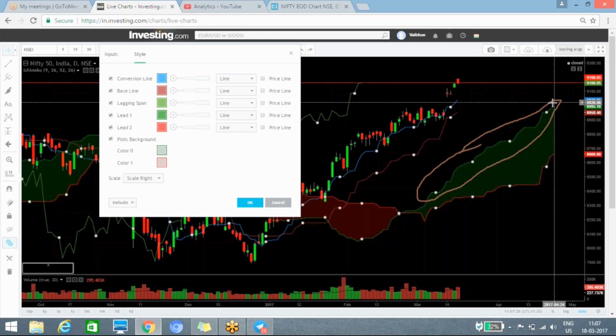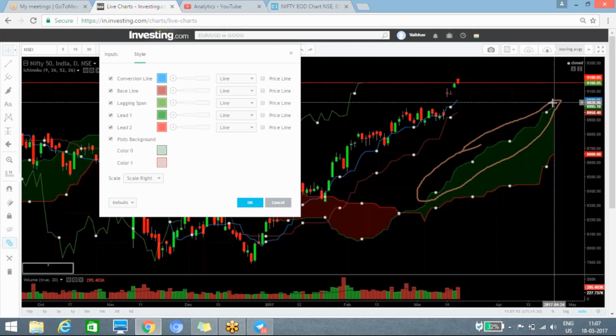I don't mean 52 weeks, please don't misinterpret. I mean 52 periods, that means 52 earlier candles' high and 52 earlier candles' low divided by 2. So this is basically the 52-day midpoint.